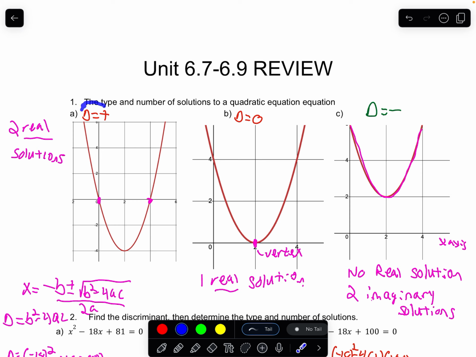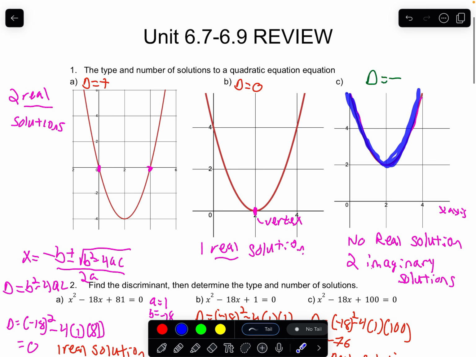Also, when we talk about discriminants, it's when D is positive. You also have where the graph touches the x-axis at the vertex, and that's one real solution, where the discriminant is 0. And the last type is when the graph doesn't touch the x-axis at all, and there are no real solutions.